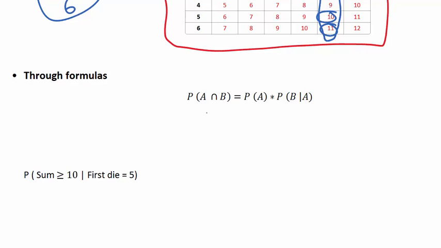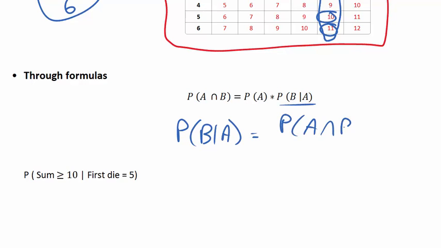If you remember earlier, the probability of A and B is the probability of A times the probability of B given A. Well, notice I've got a conditional probability, and this is just an algebraic equation now. So I could solve for that. The probability of B given A is just the probability of A and B divided by the probability of A. So I now have a formula that I can solve for.